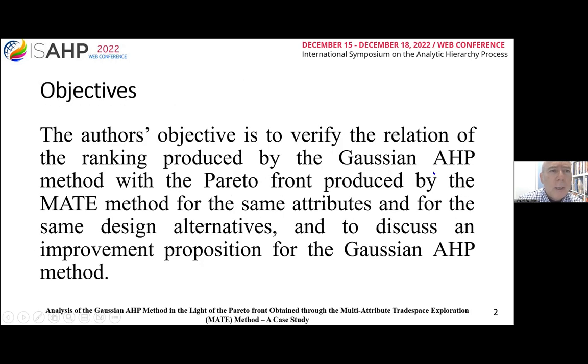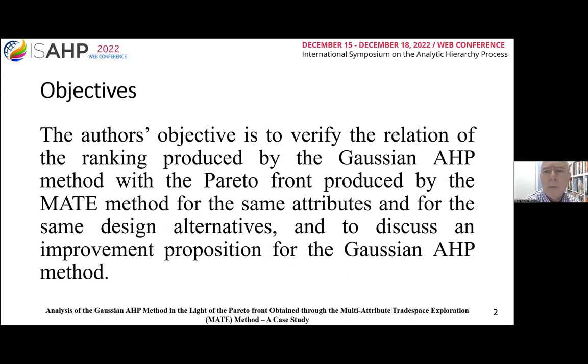I don't know how many of you have had access to our full paper, which was made available at the website of the web conference. Anyway, I will do a brief explanation of our objective in this work.